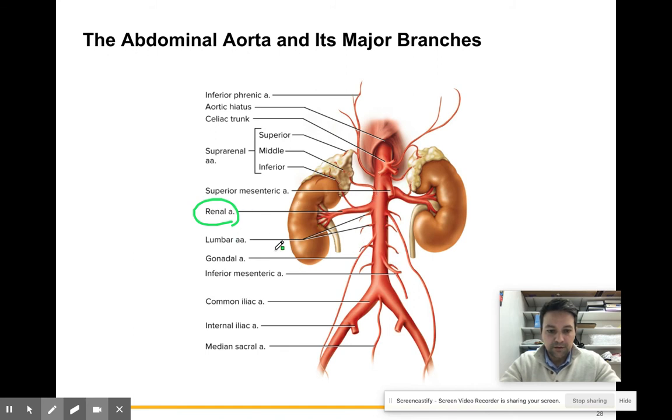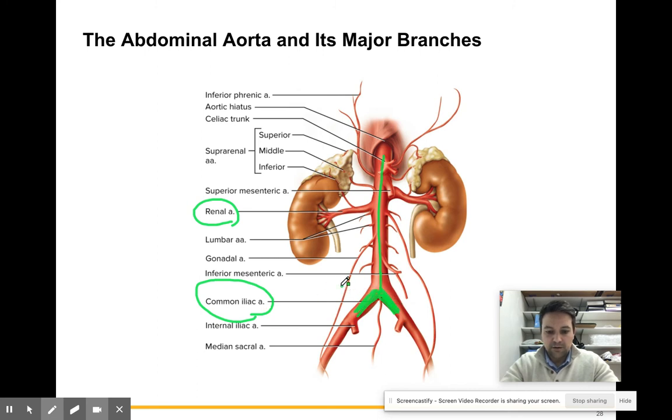If we go down a little further, we can now see the common iliac artery, which is going to be here and here. That signifies the end of the descending aorta. That's why it's important. Where it splits, that is going to be our iliac arteries.